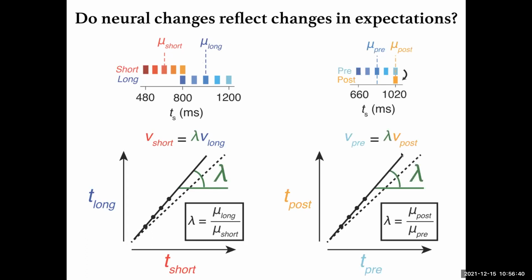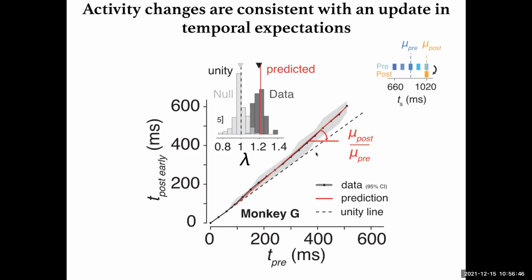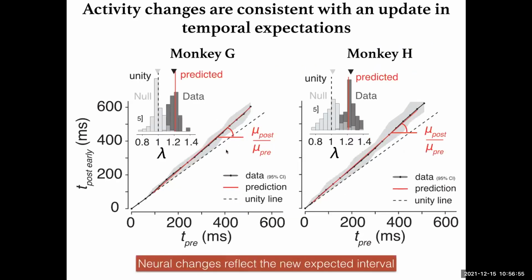So now the new prediction is that the slope should be equal to the ratio of those 2 values. Here is the empirical mapping for one monkey. And as you can see, the data is consistent with the prediction. And this was the case for both monkeys that we tested. So in other words, the neural changes that happen during this adaptation process quantitatively match the new expected interval.